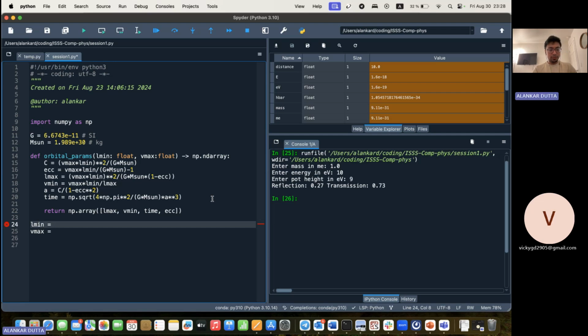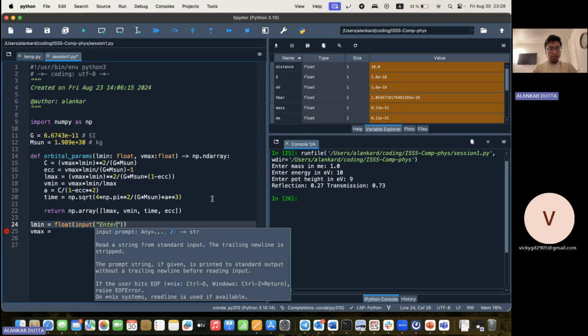Now we'll just float this in, just like before, input: enter the distance at perihelion, enter perihelion distance in meters.